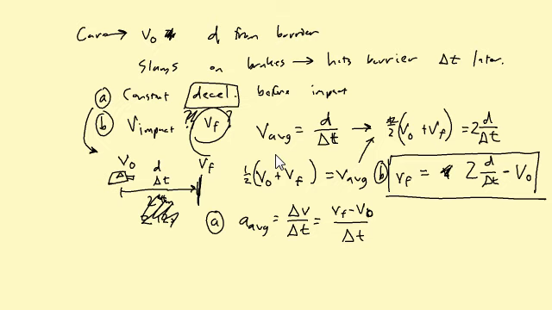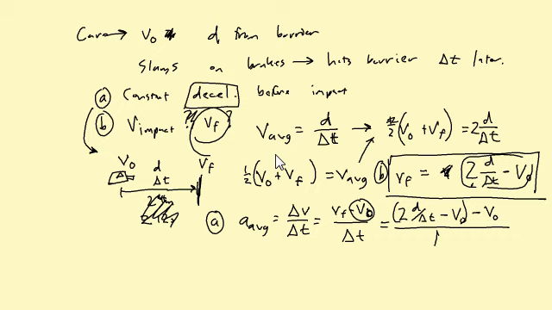I was using naught for initial, so this is kind of already bad for me, but this is going to equal v final, which is 2d over delta t minus v naught, minus v naught again. So the first part is just coming down from the equation above, and then we also have the extra minus v naught, all over delta t.